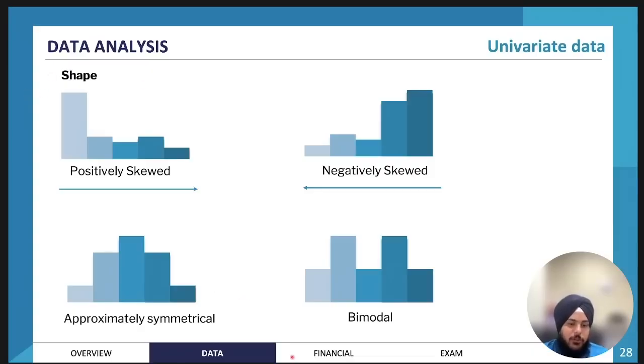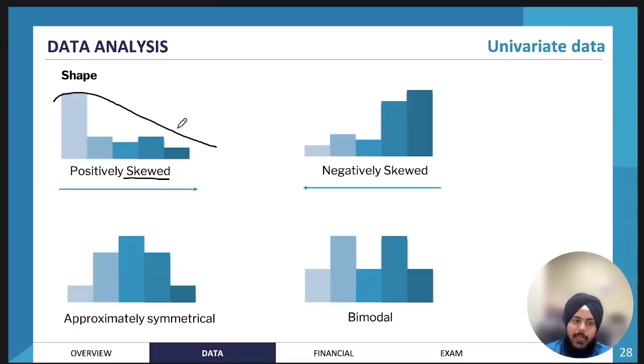What positively skewed literally means is we have most of the data skewed. Skewed just means literally where the data is sort of ending. If we look at the positively skewed data, we have most of the data concentrated on the left-hand side and only a little bit of data on the right-hand side.